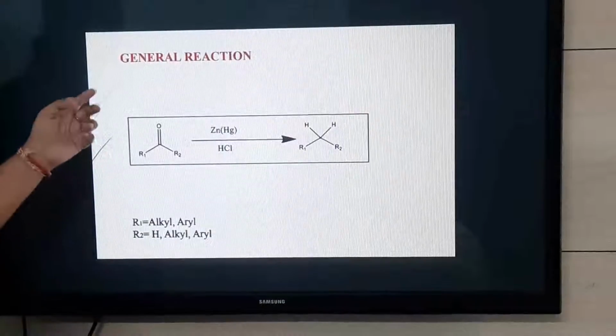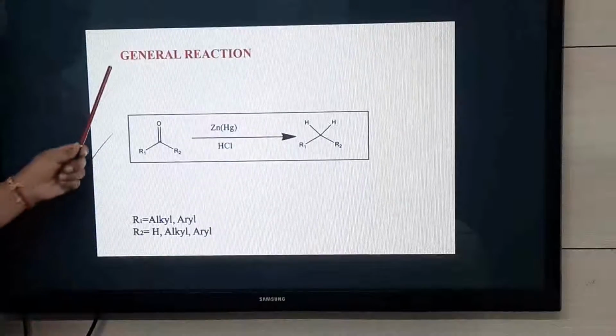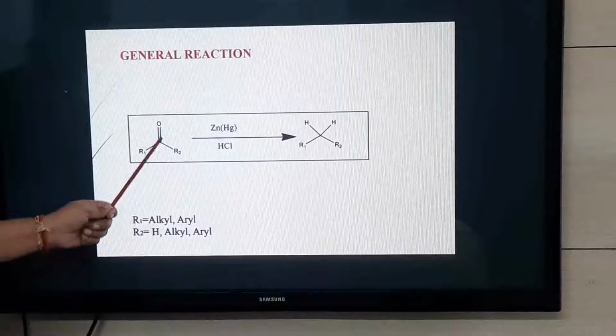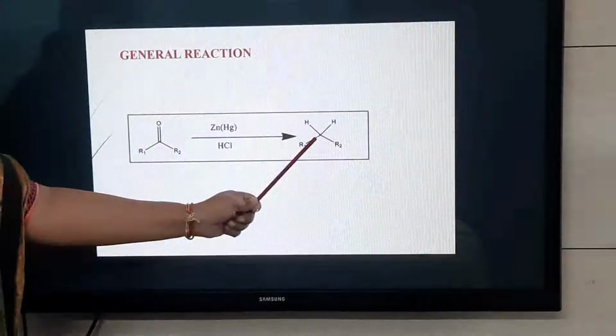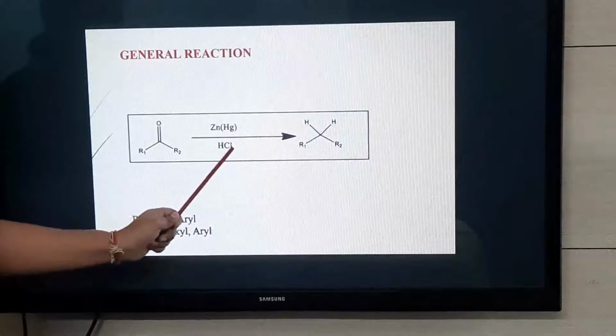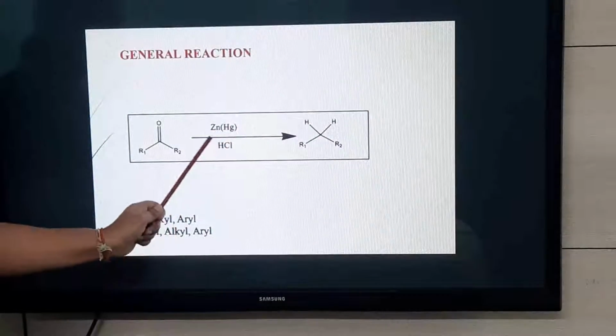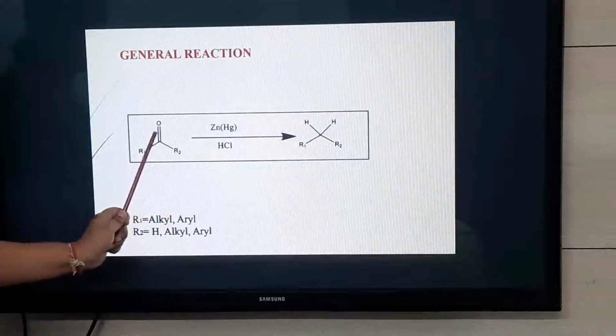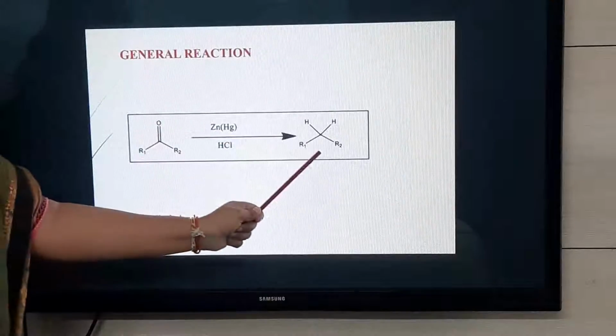So the general Clemmensen reaction is that a ketone RCOR2 can be converted to RCH2R2 in the presence of zinc amalgam and hydrochloric acid. Hydrochloric acid means an acidic condition. In the acidic condition, a ketone can be converted to an alkane.